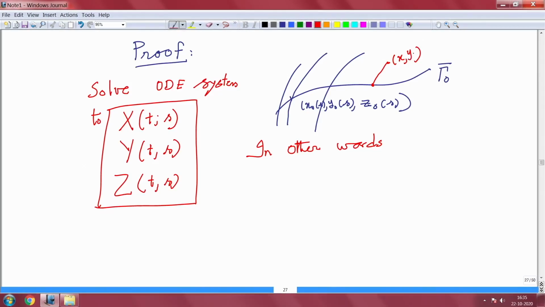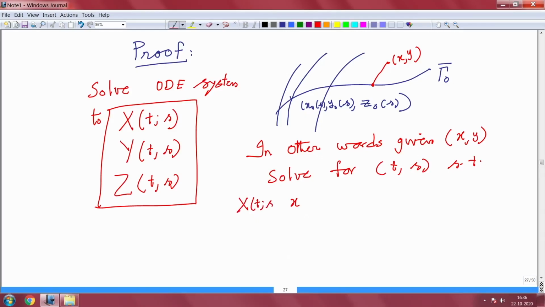Given x, y in a neighborhood of gamma naught, wherever it is, solve for t, s such that x is equal to x of t, s, and y is equal to y of t, s. You want to see that there is a characteristic.